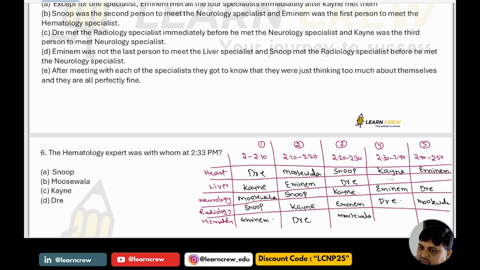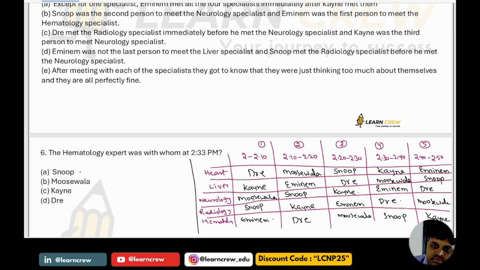If I give Snoop and Moosewala here, two Moosewalas will be there. It is not possible. So it is Moosewala and it is Snoop. And here the only person who is left is Kane. This is the final distribution of various things according to the given data.